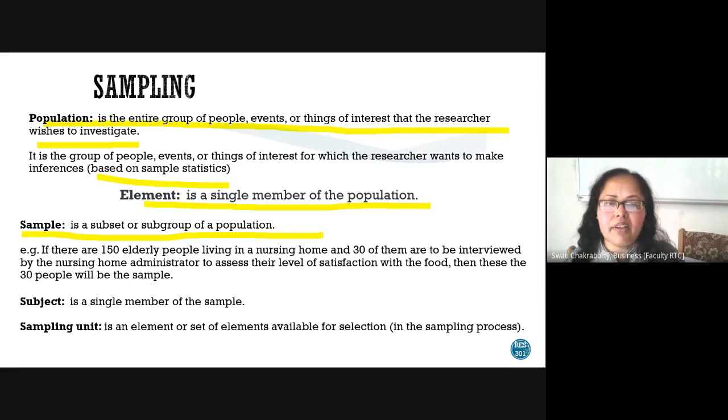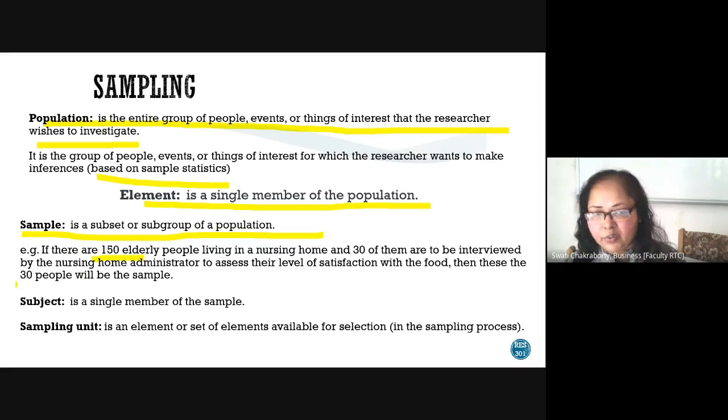Say, for example, there are 150 elderly people living in a nursing home, and 30 of them have to be interviewed by the nursing home administrator to assess the level of satisfaction with the food. This 30 is called the sample, and 150 is the population. Every single member of the population is an element.